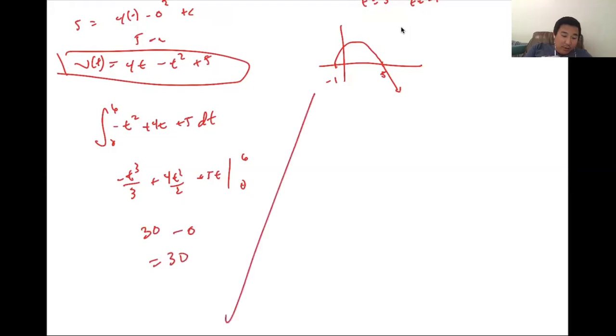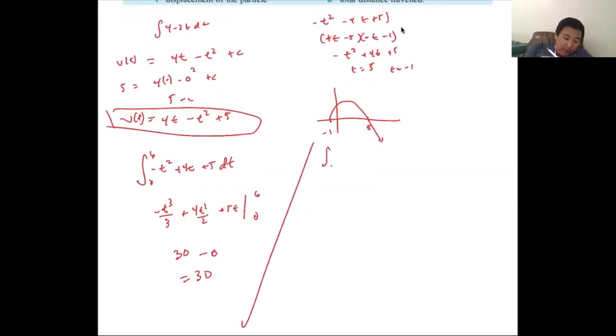The total distance traveled. You want to do the integral from 0 to 5 of negative t squared plus 4t plus 5 dt.